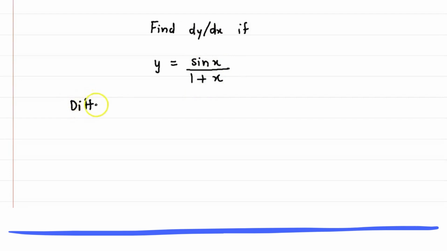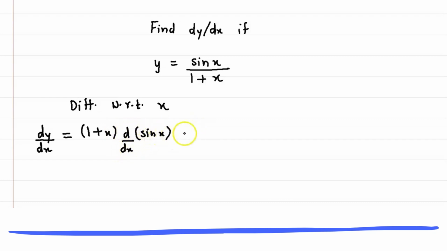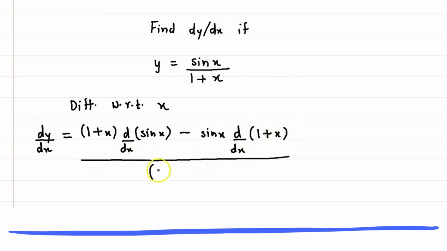So differentiating with respect to x, we get dy by dx is equal to, the first term will be 1 plus x into derivative of sin x minus sin x into derivative of 1 plus x divided by 1 plus x the whole square.